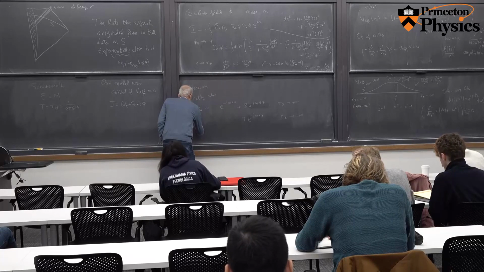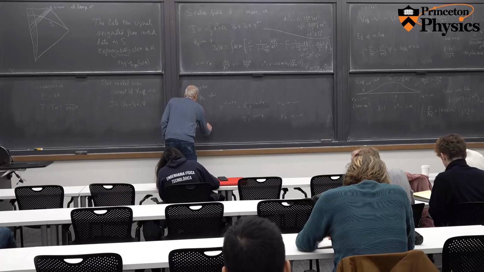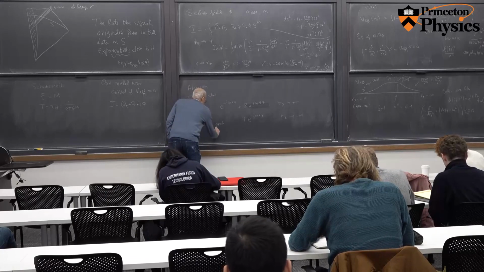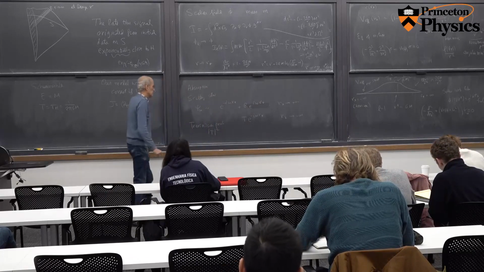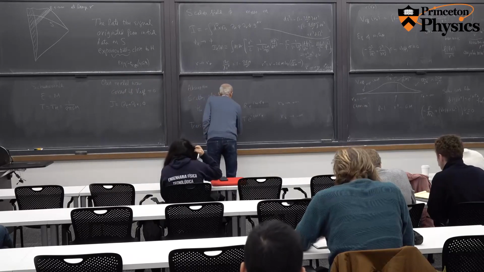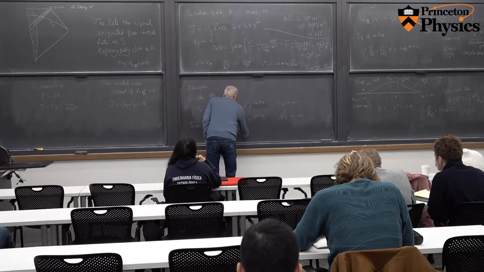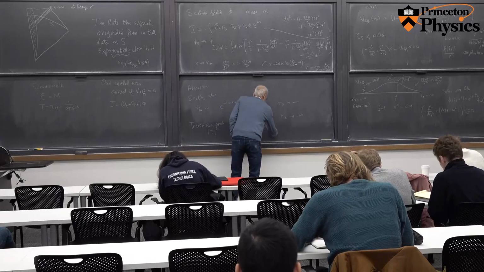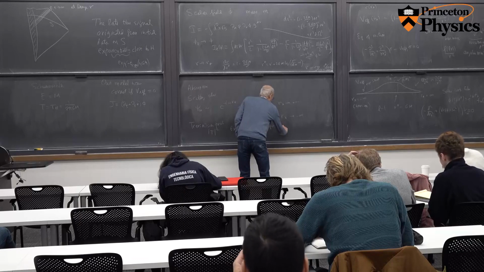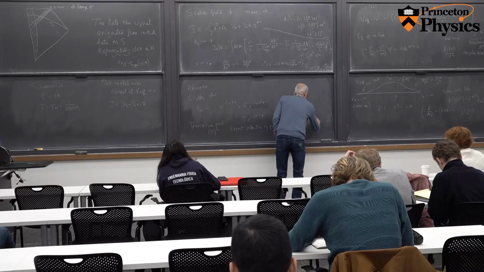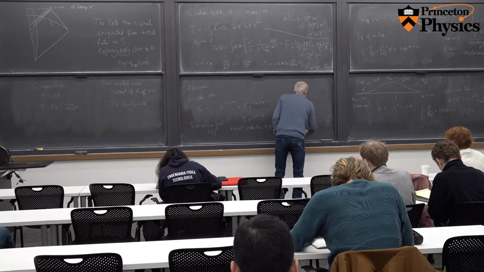The transmission probability is the absolute value of t squared. So we expect a reduction of the previous calculation by t squared. T depends on the frequency.